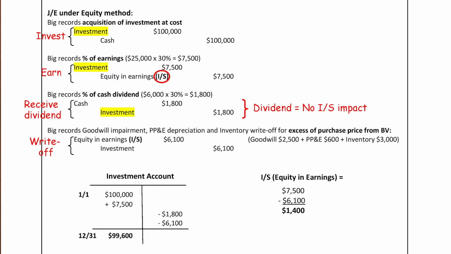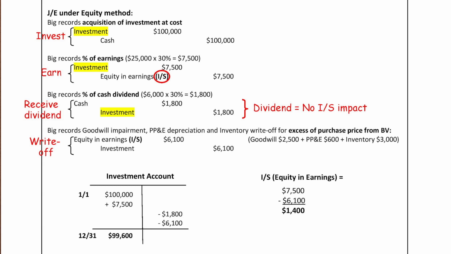So let's look at all four of them. The higher fair value attributable to land is $20,000. 30% of that is $6,000. The value of land remains unchanged during the year, so there's no write-off.